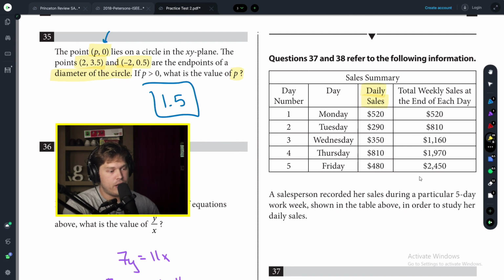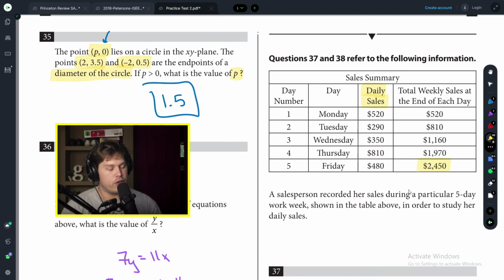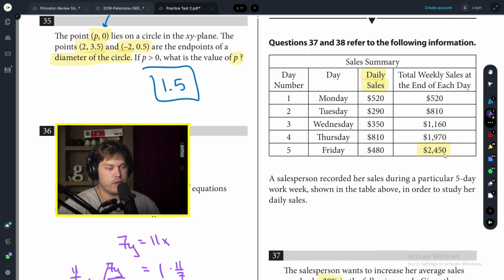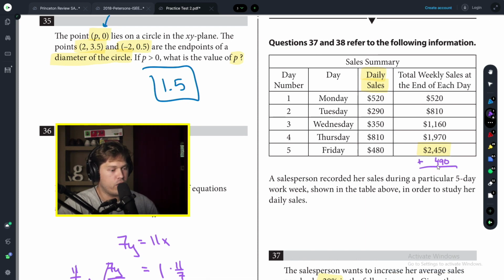At the end of this week, she sold $22,450 worth of stuff. If she wants to increase that by 20%, well, what's 10%? 10% would be $245, so 20% will be $490. She wants to increase by 20%, so that's an increase of $490 to her weekly total.